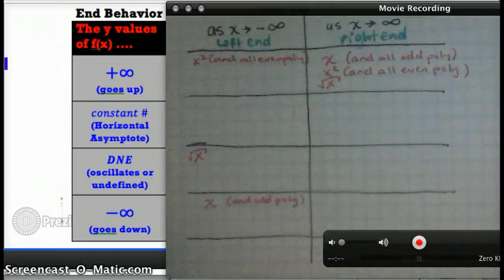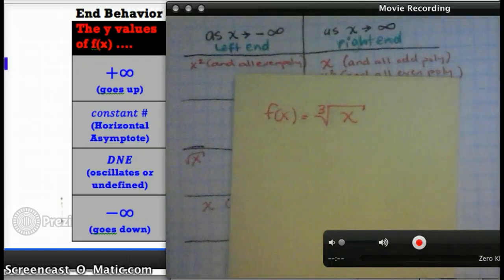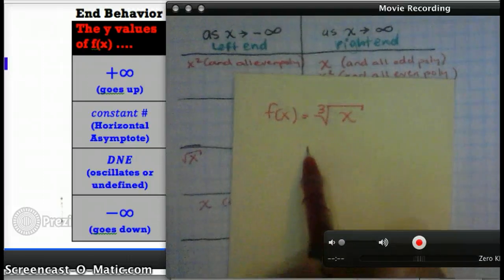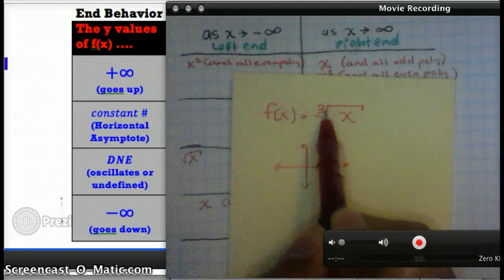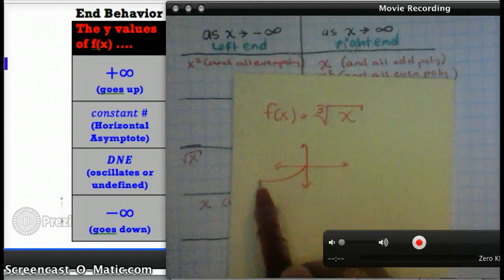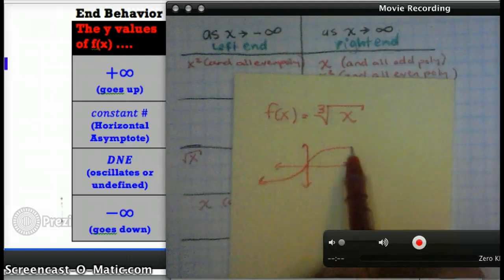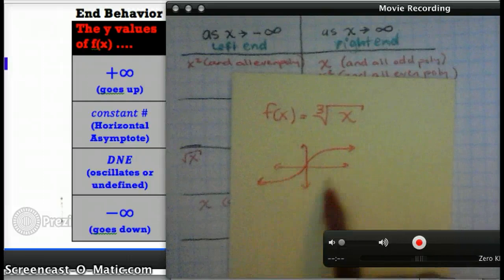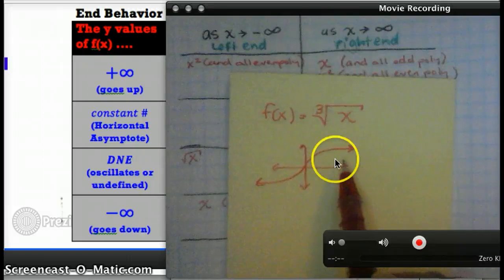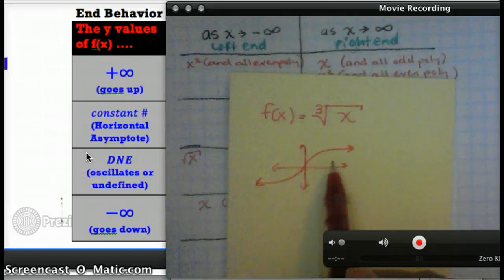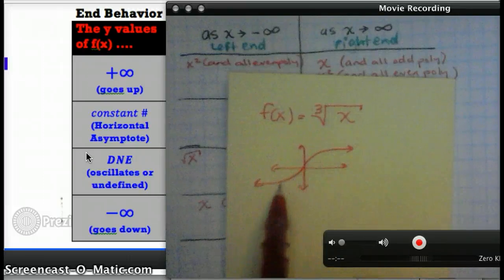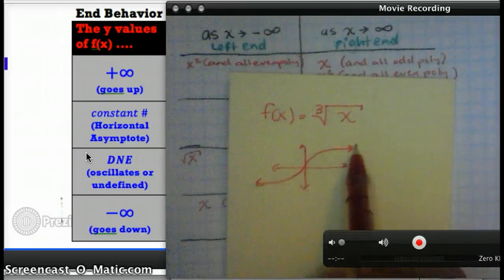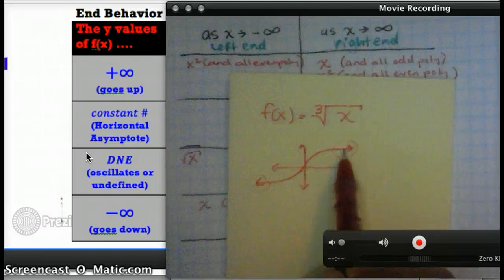How about the cube root function? So the only difference between the cube root and the square root is that the cube root does have two ends. And this comes from the fact that you are allowed to take a cube root of a negative number. It just equals a negative number. Looks something like this. Imagine a cubic kind of reflected over the y equals x line, inverse functions. And just like before, we may accidentally draw these as if they are horizontal asymptotes, but actually both ends continue traveling.